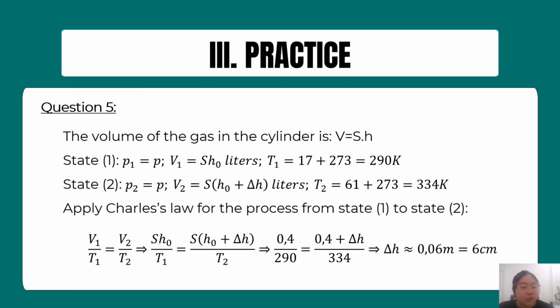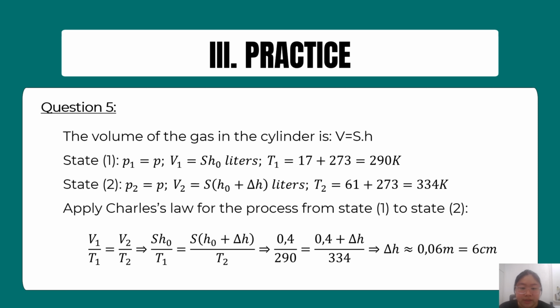So in state 1, V1 is equal to S times H0, and T1 is 290 Kelvin. And in state 2, V2 is S times (H0 plus delta H).